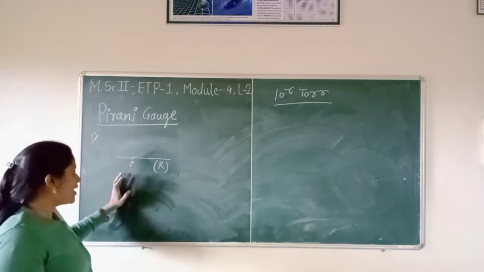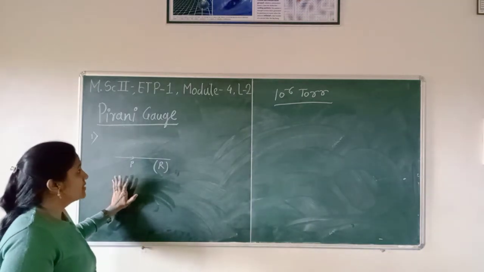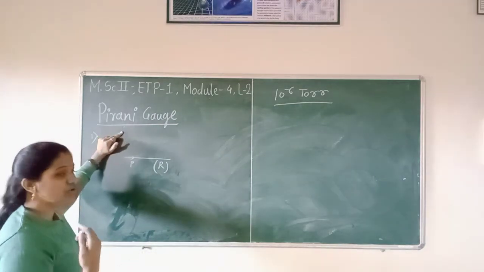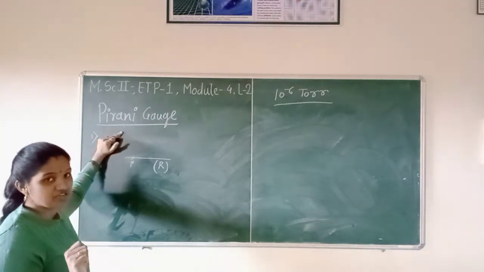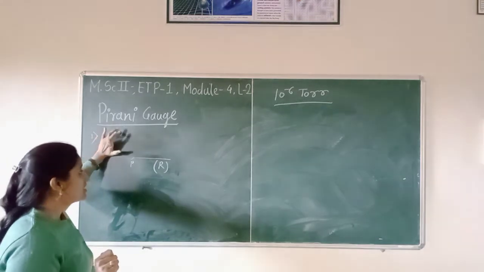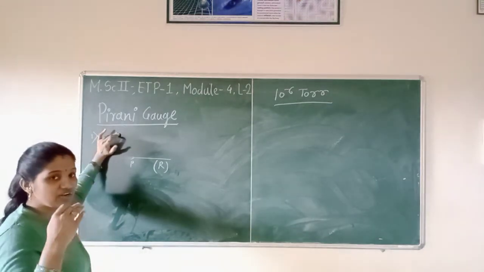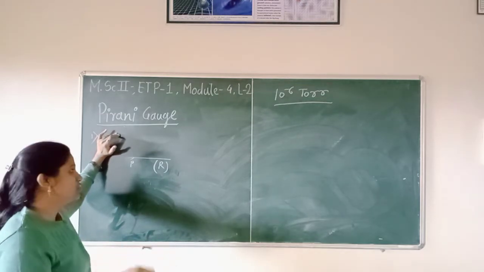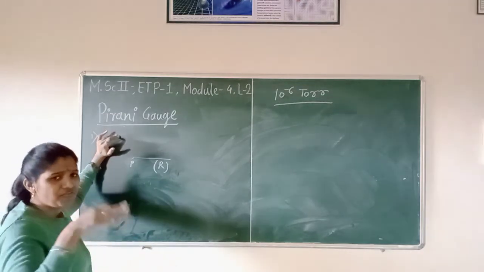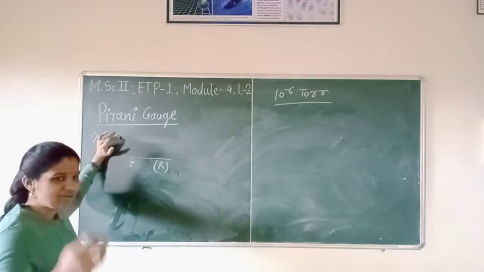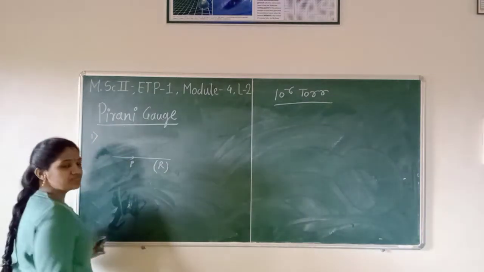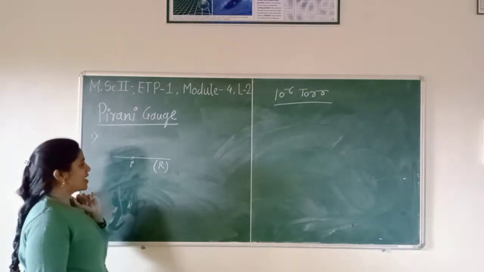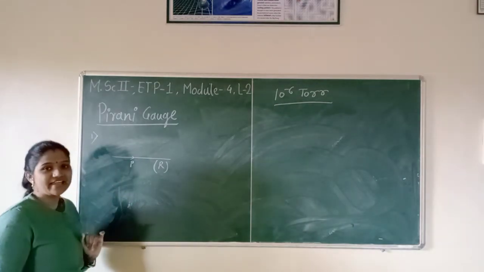Why am I considering R here? Because in the Pirani case, after some time I am going to use a Wheatstone bridge, and in that Wheatstone bridge we apply a bridge resistance, and that resistance is nothing but the wire, or tungsten filament. That's why here I am considering this wire through which current I is passing.